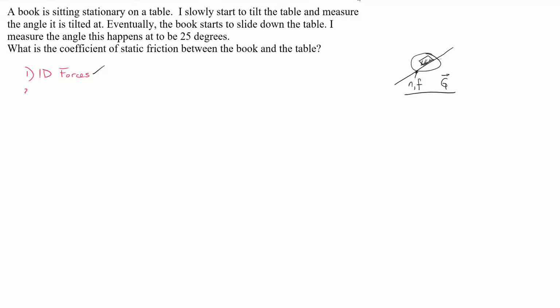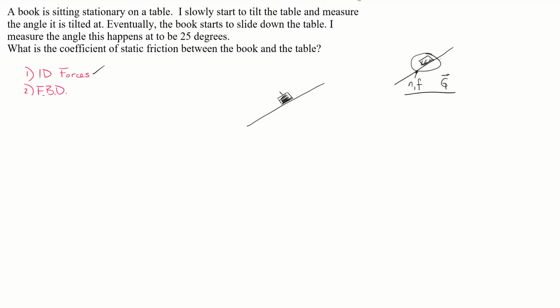The next thing I'm going to want to do is set these up visually in a free body diagram, right? So I'm going to redraw this picture, and I again like to draw the table or the slant it's on just to orient my picture. But I've got my book on that table, and I know the directions of these forces because we've been discussing them.